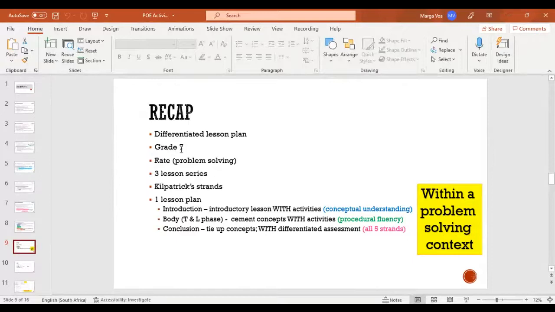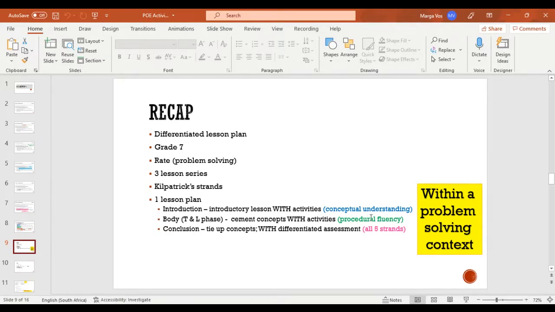Right, it should be for grade 7, and it should be about rate, problem solving. There should be 3 lessons within this lesson plan. You should indicate where you are going to use Kilpatrick's strands, and it should be 1 lesson plan with 3 lessons inside.